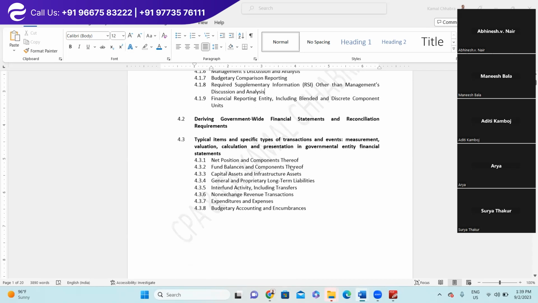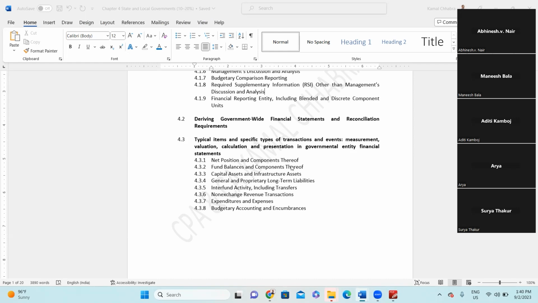Next we'll be discussing 4.2, which is deriving the government-wide financial statements and reconciliation requirements. This is very important. Here you may expect a task-based simulation where you need to do the reconciliation between the government-wide financial statement and the fund financial statement. So what is a fund financial statement?